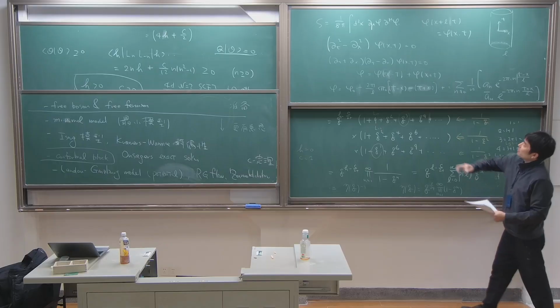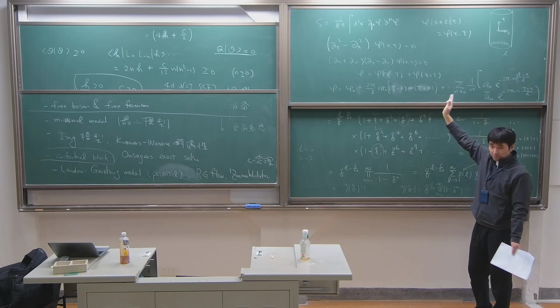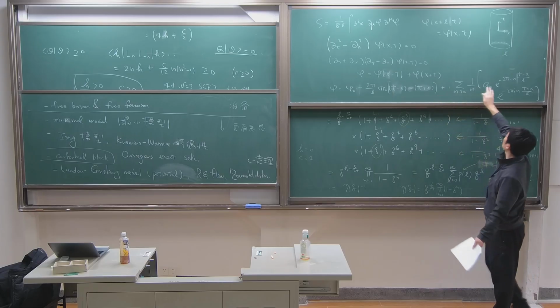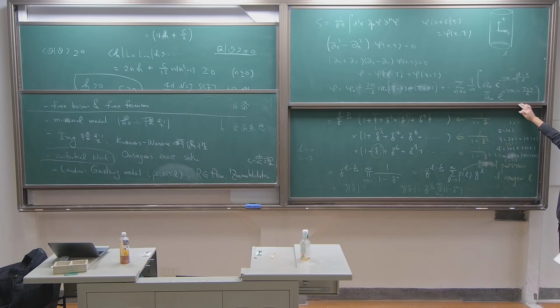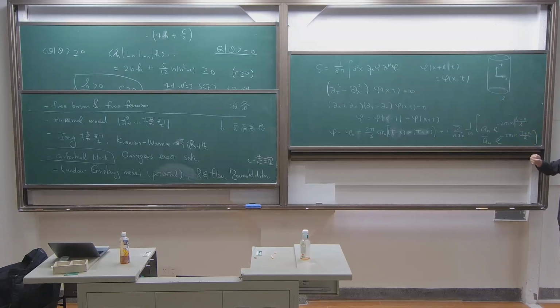So if everything is factorized like this, it will satisfy the equation of motion. And also, this is just a mode expansion. Here it's just a Fourier mode on the cylinder. You have to do the Fourier mode on the cylinder.